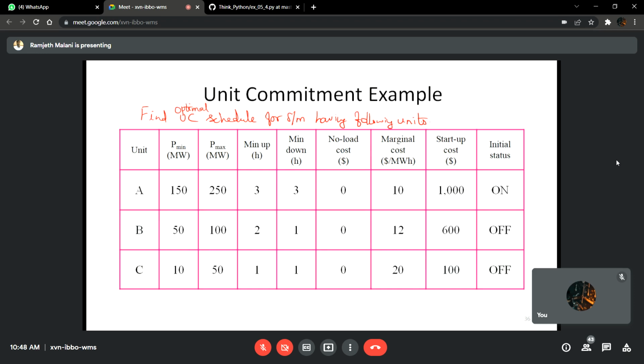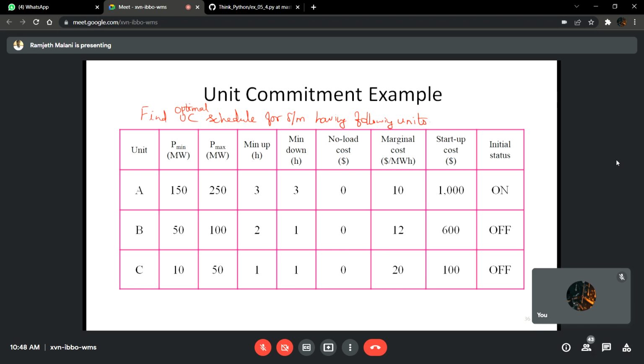If you want to start that unit, what will be the cost is given. The initial status before hour number 1: only one generator was operating. A was on.